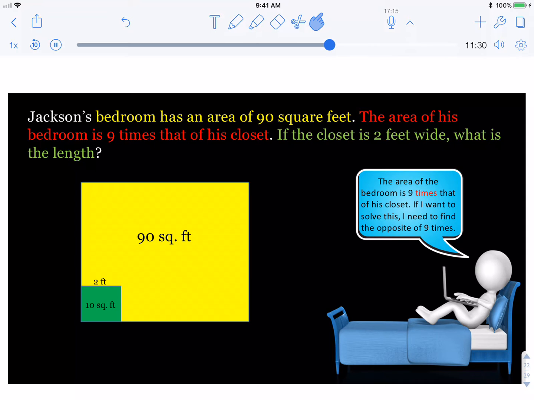If I want to solve this, I need to find the opposite of 9 times. So the bedroom is 90 square feet. Well, we know that the closet's 2 feet wide.